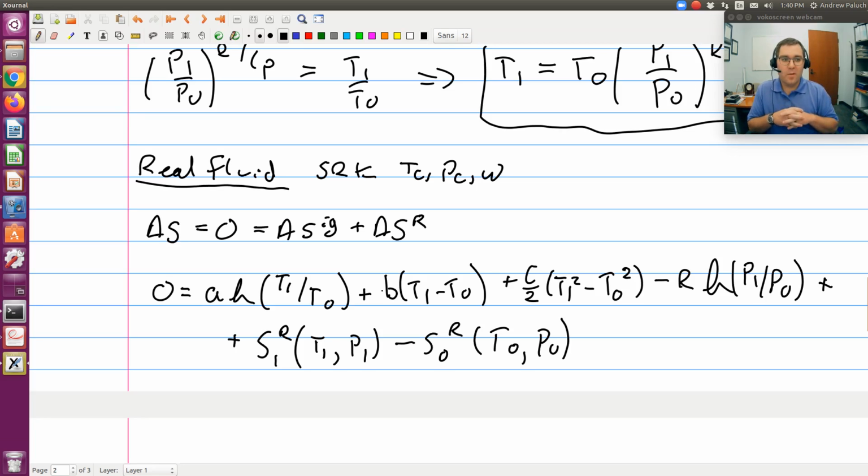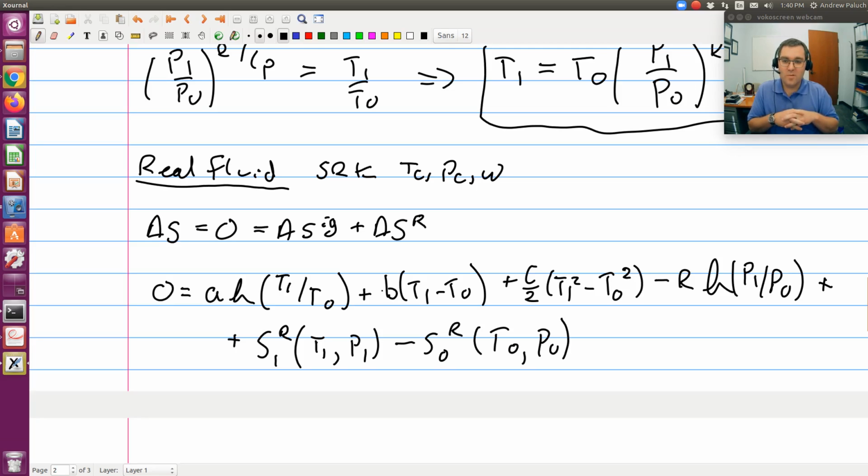The other part of the problem is looking at the isothermal case. The isothermal case is a lot more straightforward. If you were to calculate, say, delta S or delta H of an ideal gas, dH is CP dT. So dT is 0 for the isothermal case, so delta H is 0.